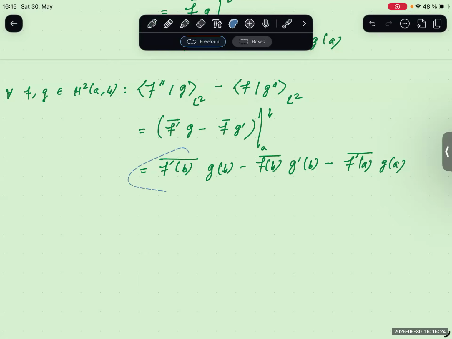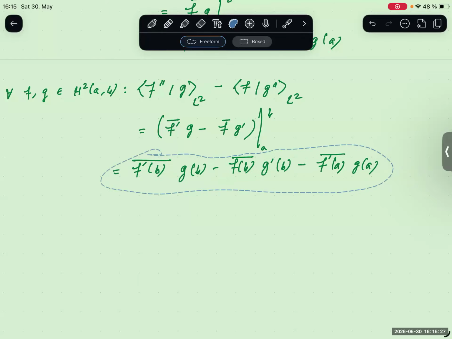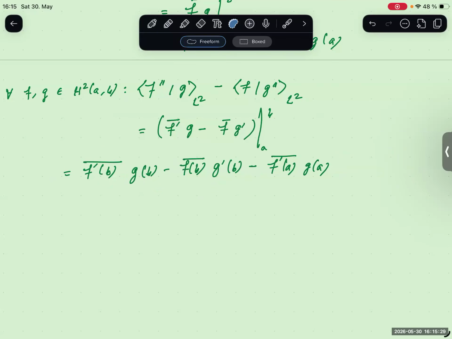I don't want to go to the next line, so I keep it here. Minus minus makes it plus f of a complex conjugation times the first derivative of g at a. Okay, so very trivial thing. I hope you have seen it, but just to warm up.